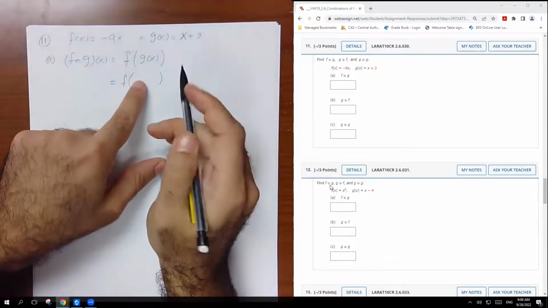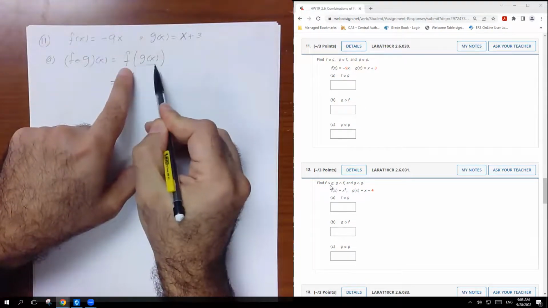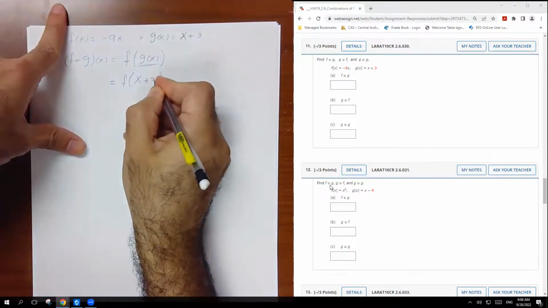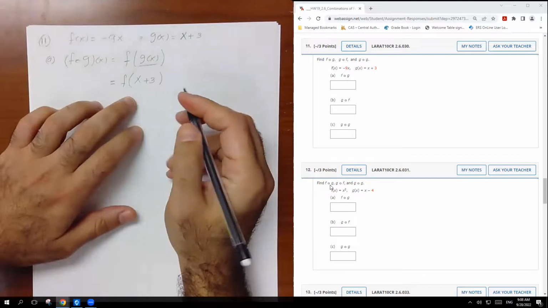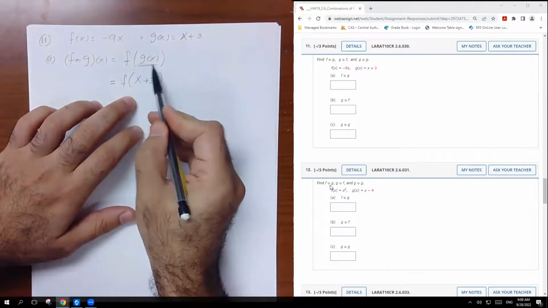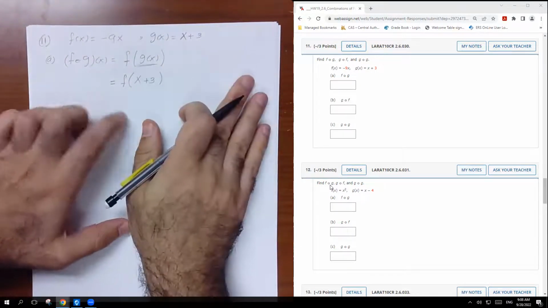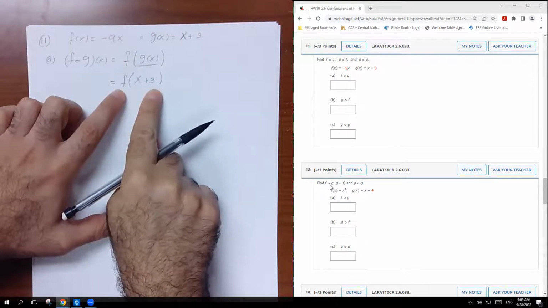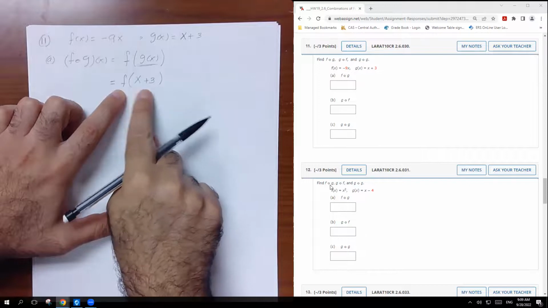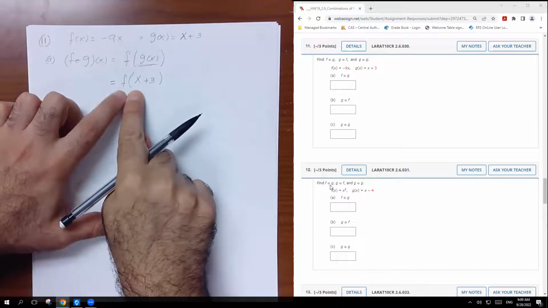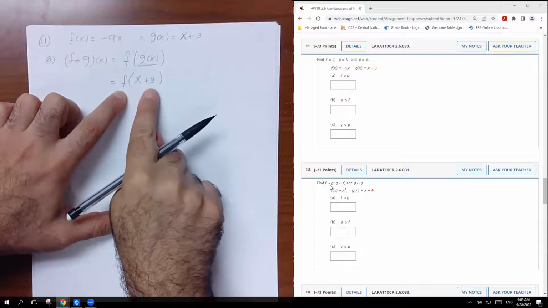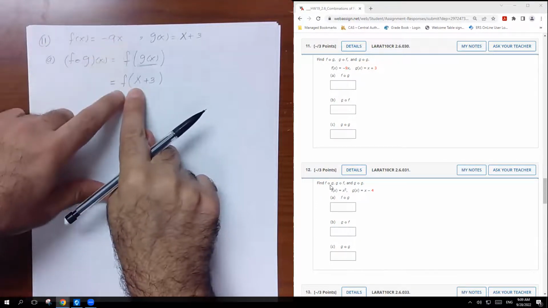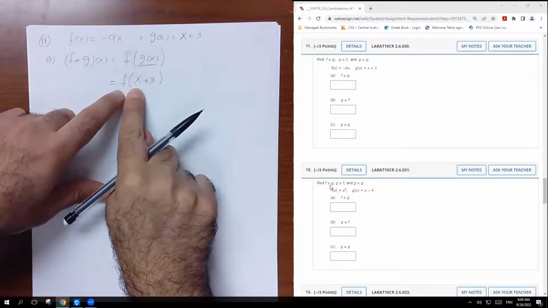So I'm going to write down the whole g function, which is x plus 3. Careful here. Now, f of x plus 3. That means instead of each x in the f function, you're going to put x plus 3.